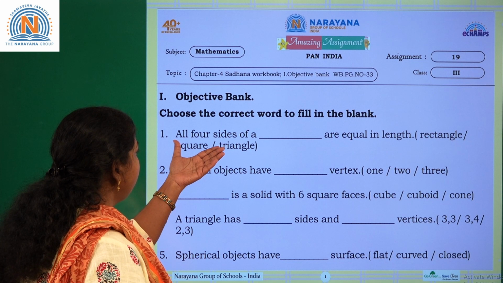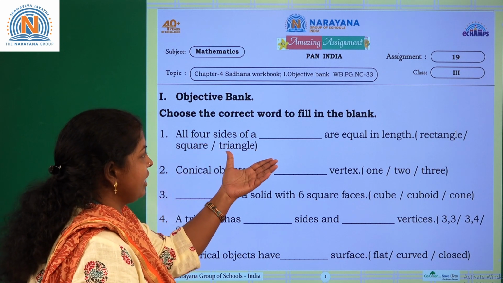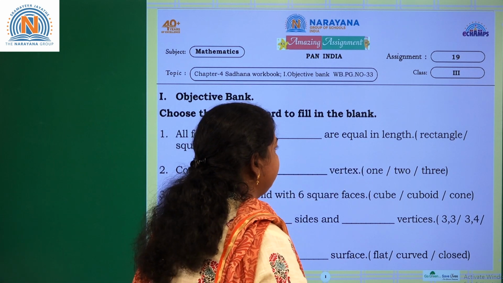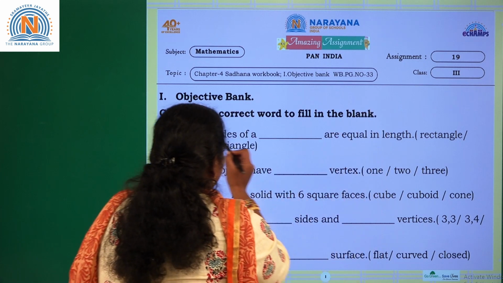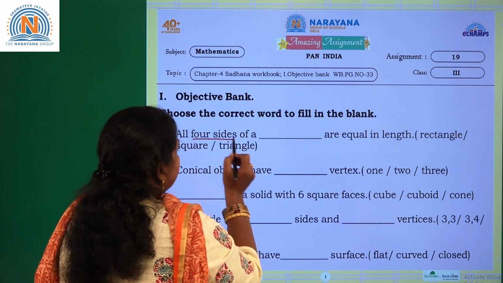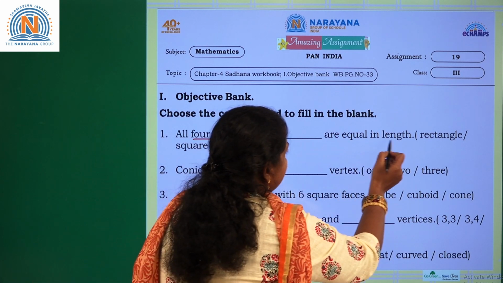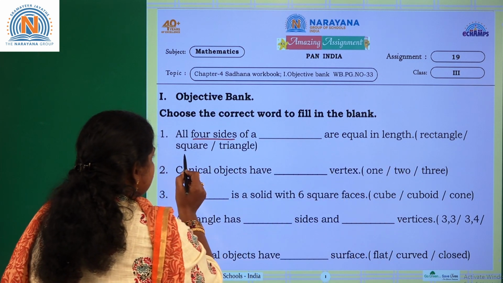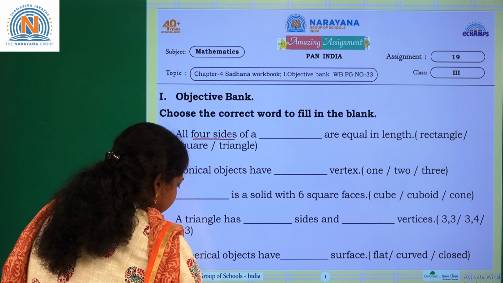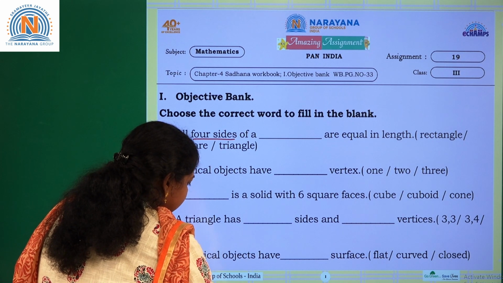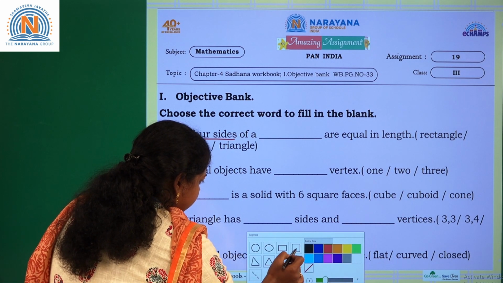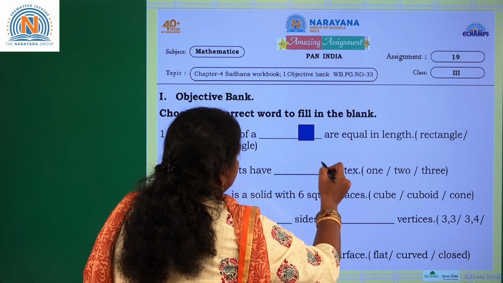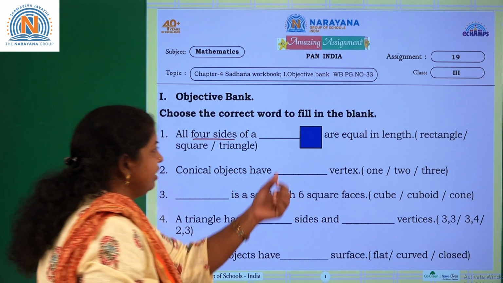First question, all four sides of a dash are equal in length. Which figure is it, rectangle, square or triangle? Consider this figure, children.